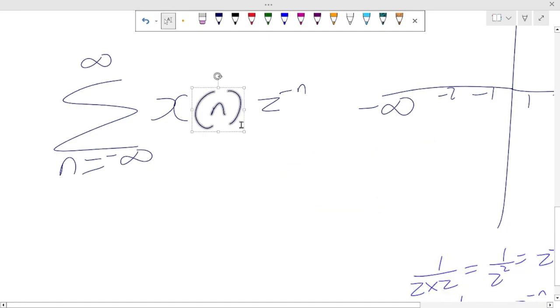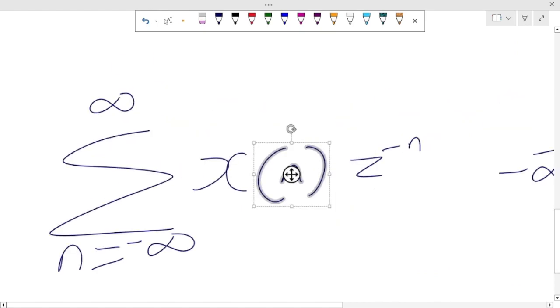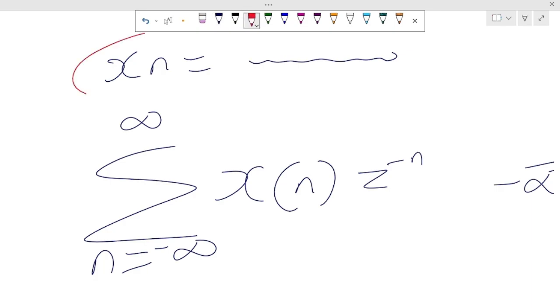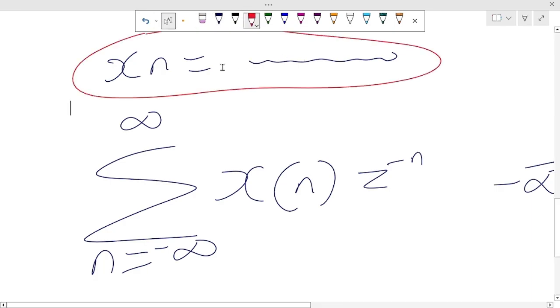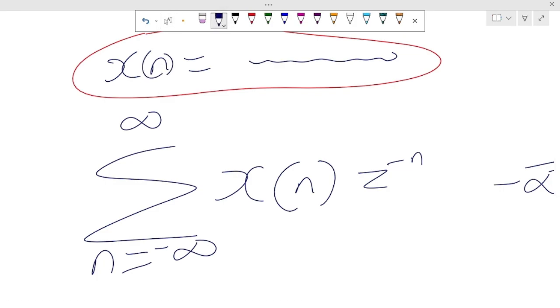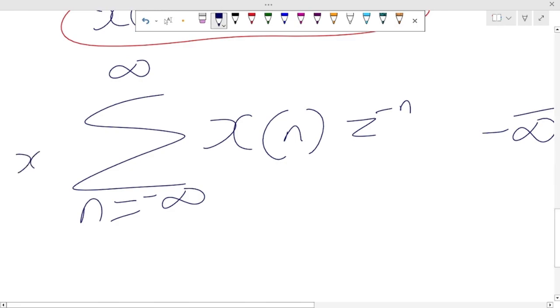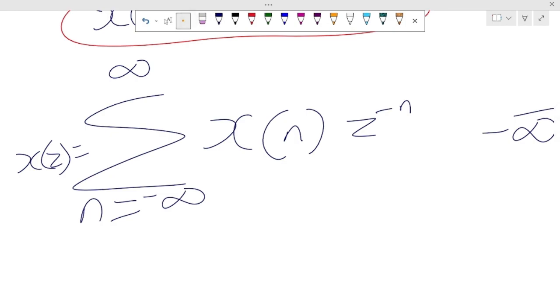Now, that is if you have x of n equal to something. To find the Z transform of x of n, all you have to say is X of z equals all this. This place is too tight, just hold on, guys.